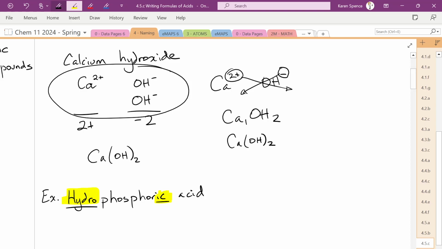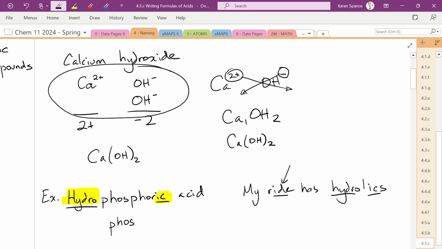What is the little sentence that helps us remember? Hydro-ic, my ride has hydrogen. So what kind of an ion are we looking for? We're looking for an ion that ends in ide. So this is going to be phos, and remember that phosphorus has that extra or, so it's just going to be phosphide.